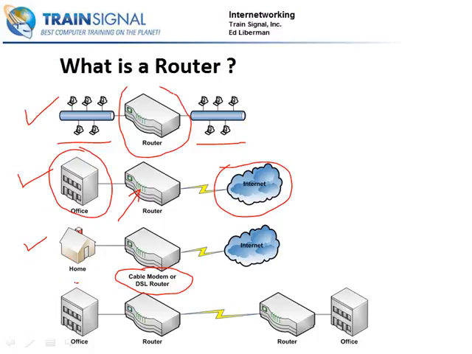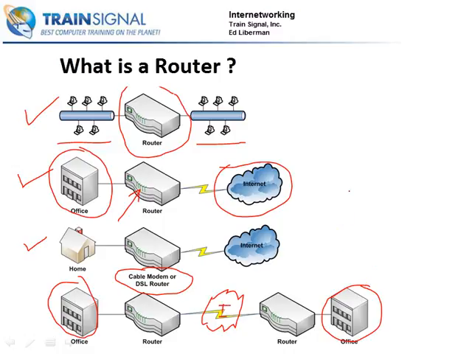The last example we have here is where we have two different offices that need to communicate with one another. There are really two versions of this example. One version is where I could draw a little cloud in here and call that the internet.